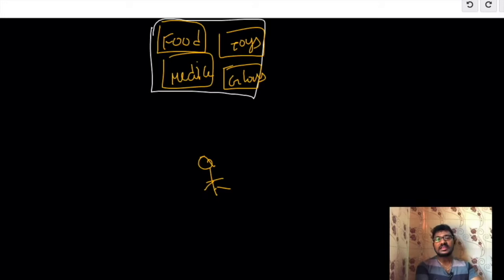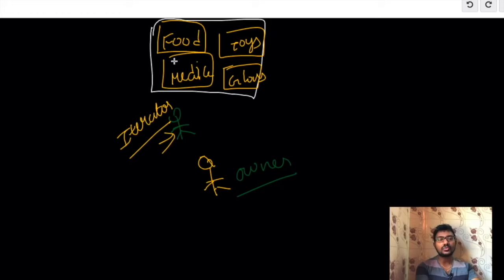Here there is an intermediate person who will unload the container's packages and deliver them to the owner. He is the iterator. He will access each package and give it to the owner.